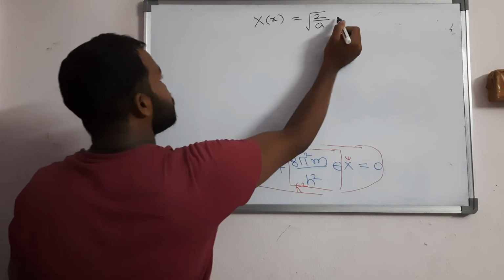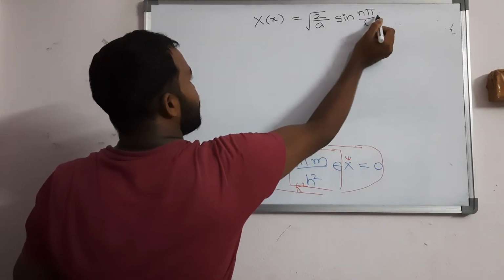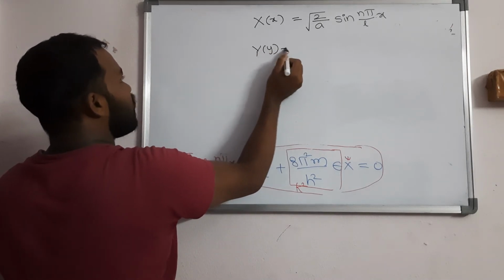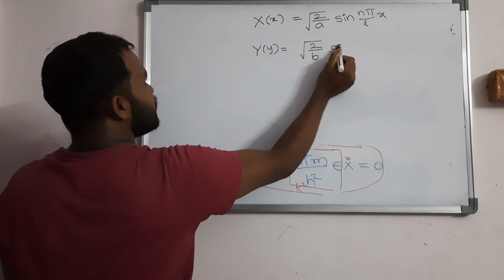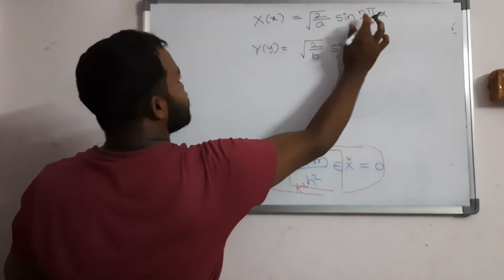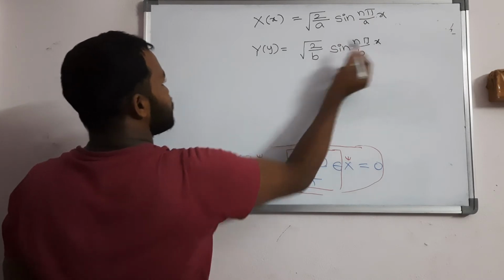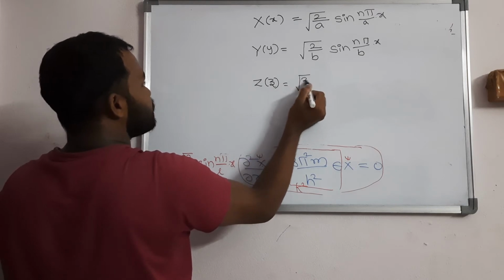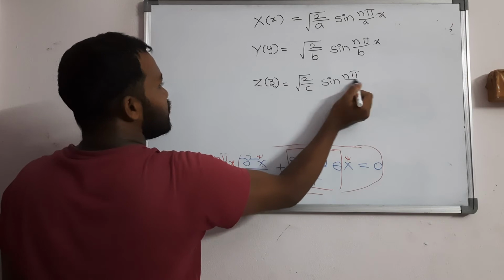So root 2 by a into sin(nπ/a x), right? Similarly, Y of y is equal to root 2 by b into sin(nπ/b y). And Z of z is root 2 by c into sin(nπ/c z).